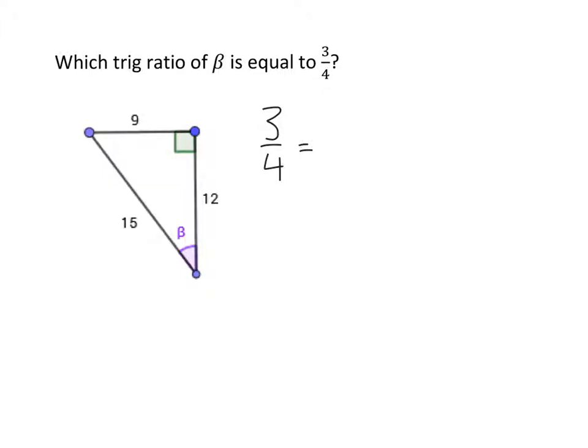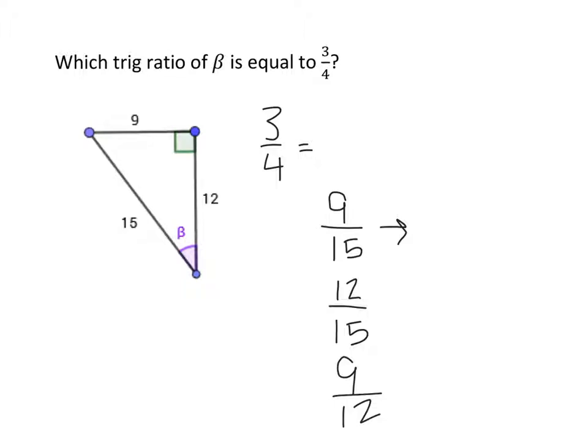It could be equal to either 9 over 15, 12 over 15, or 9 over 12. So if we look at each of these reduced, we should find whichever one is equal to 3 over 4. So if we reduce 9 over 15, we can reduce both of them by 3, so we get 3 over 5.